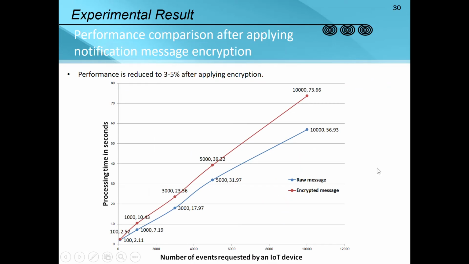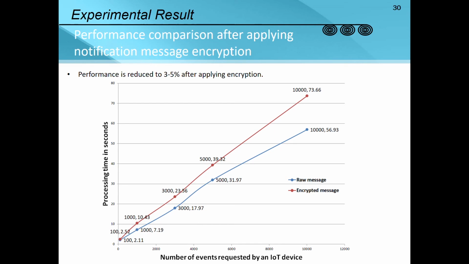After applying the notification message encryption solution in the CloudPush framework, it is observed that system performance is reduced by 3 to 5% compared to unencrypted notification messages in the CloudPush framework, shown in this figure.